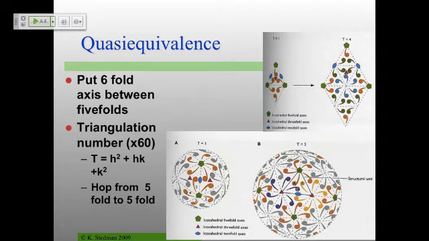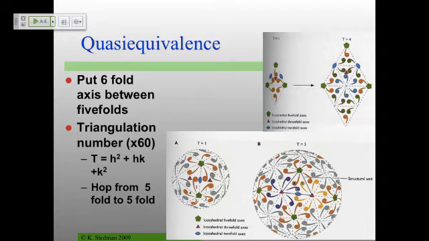This is the T equals 1 icosahedron. Get from a 5-fold axis of symmetry to a 5-fold axis of symmetry: one vector, one direction. That would be an h equal to 1. No vector in any other direction, so your k is equal to 0. So T is equal to 1 squared plus 1 times 0 plus 0 squared, which is 1.